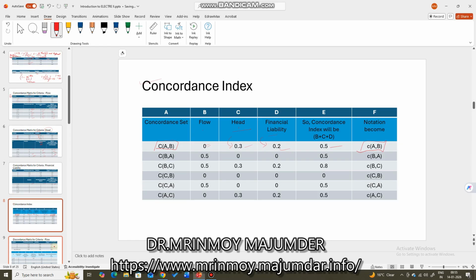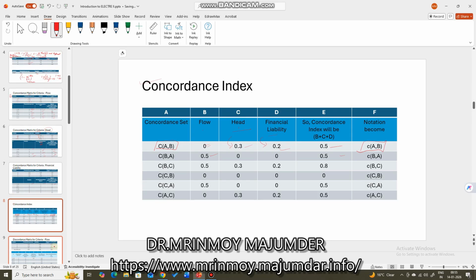In a similar manner, for the B greater than A question, for flow it is true. So the criteria of flow has come into play, and for the other two criteria, it is not true. So 0, 0, and the result becomes 0.5.